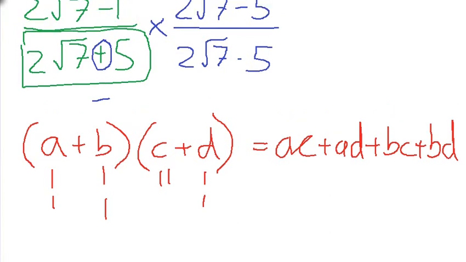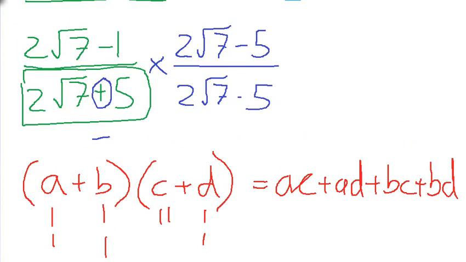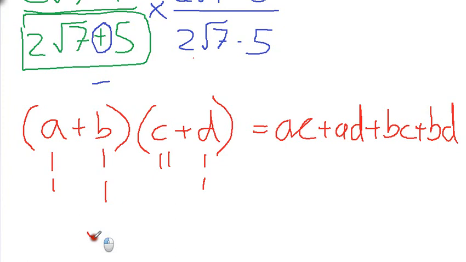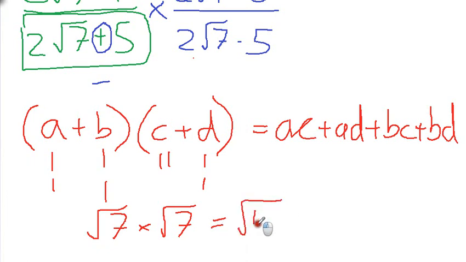If we do that up here, then what we're going to get is 2 root 7 times 2 root 7, which, when you do a root 7 times a root 7, that's root of 49, which is 7.